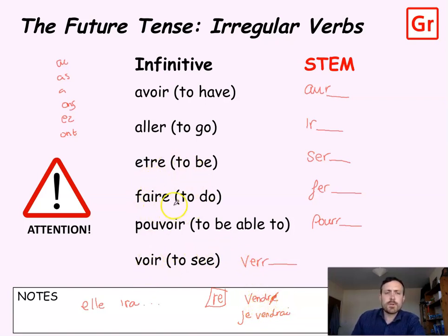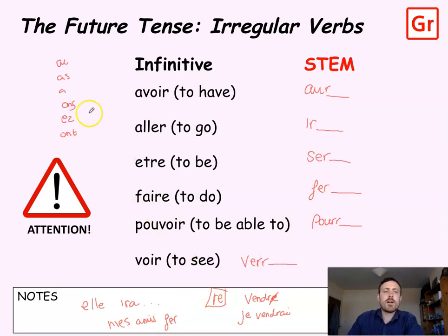So just another example of these irregular ones. If we take the verb faire and we wanted to say my friends will do, so my friends, mes amis. And then we're taking the irregular stem here, fer.